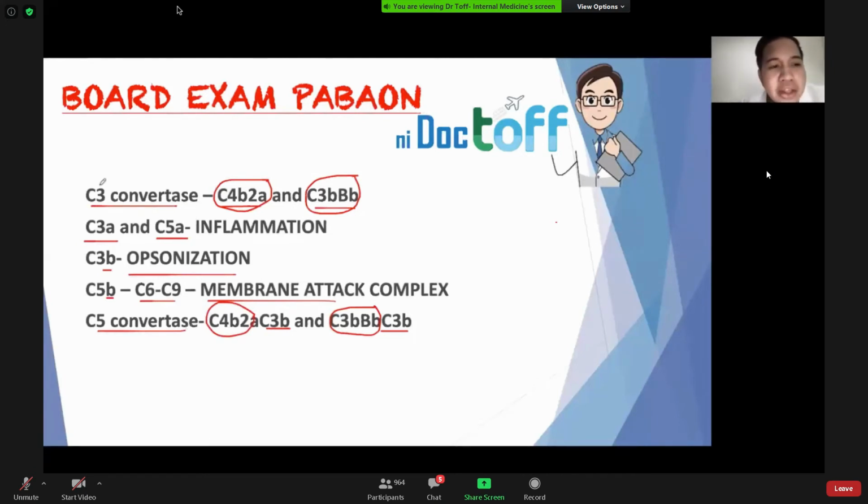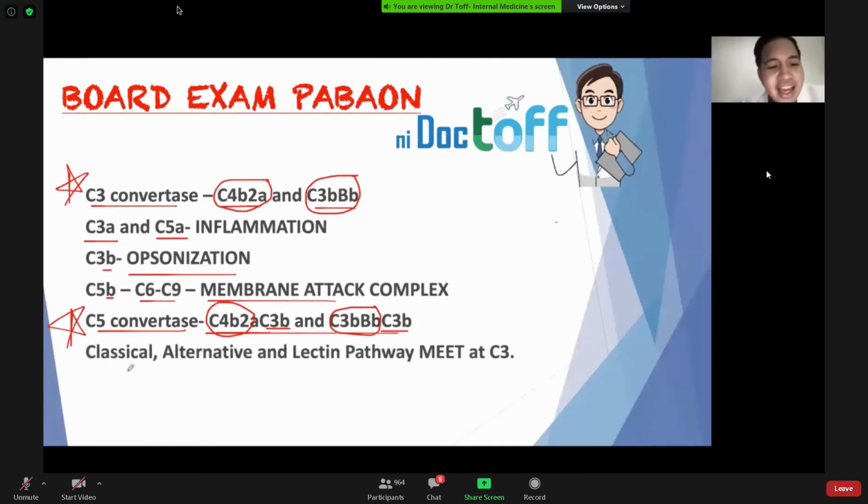So just remember, pag nalito kayo between C3 convertase and C5 convertase, sino mas mataas? 3 or 5? Mas mataas si 5, kaya mas mahaba siya. So C4B2A, C3B, C3BBB, C3B. O, di ba? Pwedeng Wi-Fi password yan. O, is that clear? That's your C5 convertase. Okay? And then, the three pathways will meet at C3.